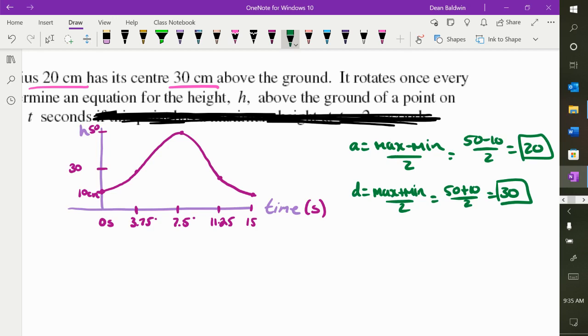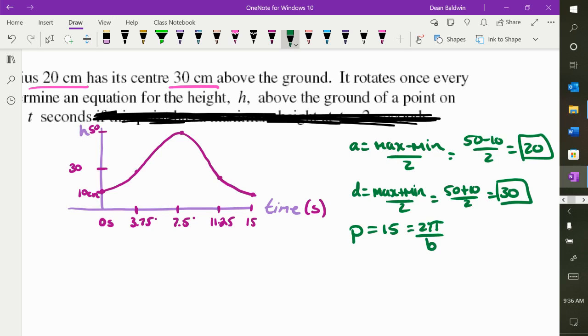How can you get another one? Well, C is probably the most difficult, but we could find B value, right? Because we know the period. What's the period? 15. It's how long it takes to go all the way around, right? So the period is 15. You have to do it in rads.